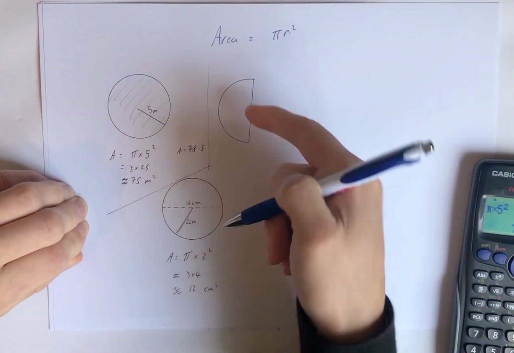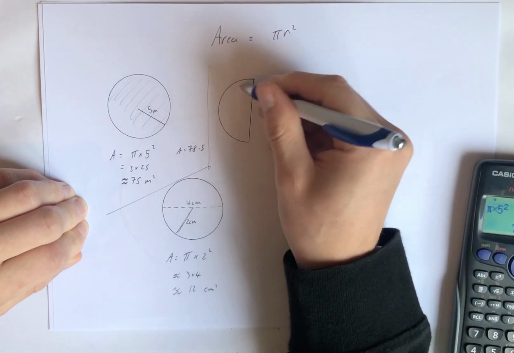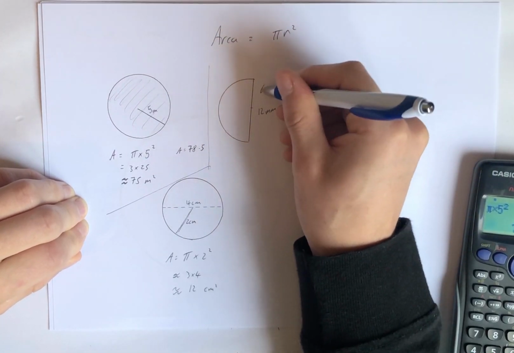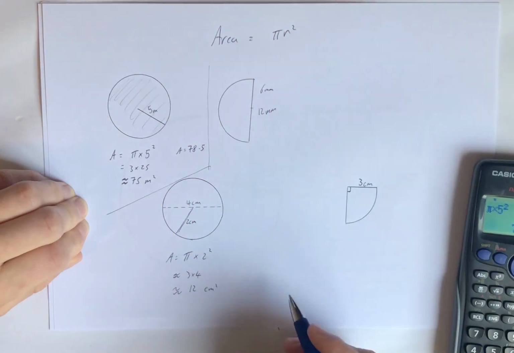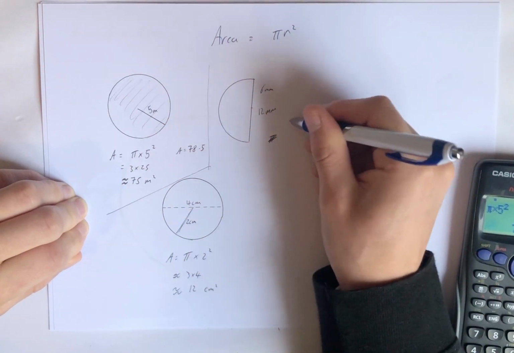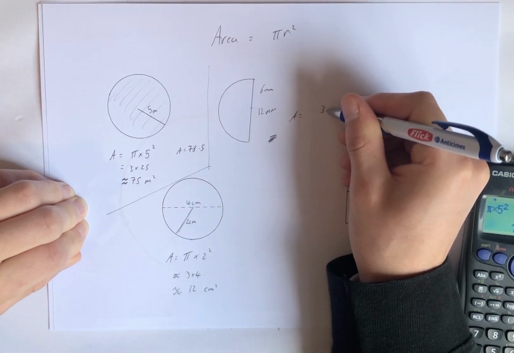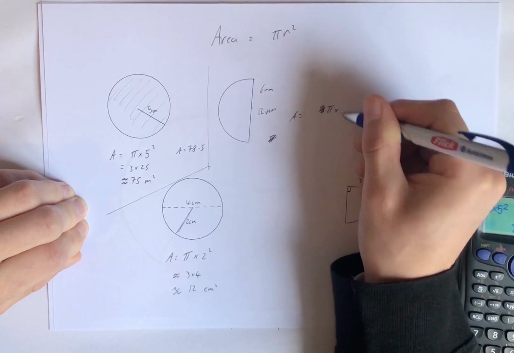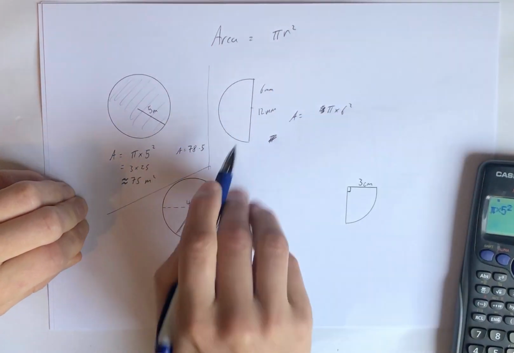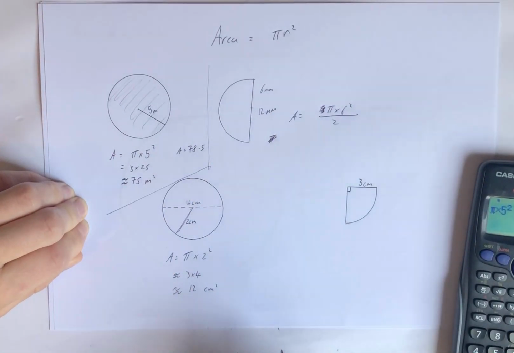Okay. This one again, we've got a diameter of half a circle and we want just the radius. So we want a 6 millimeter radius on that one. So the area for this one is going to be 3 pi times 6 squared, but we do only have half a circle, so we'll need to divide that whole thing by 2.